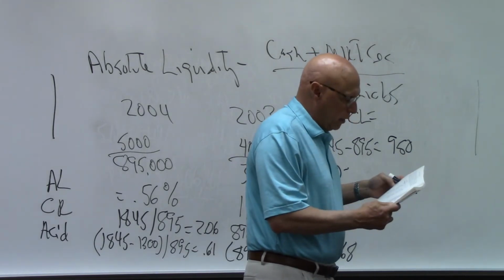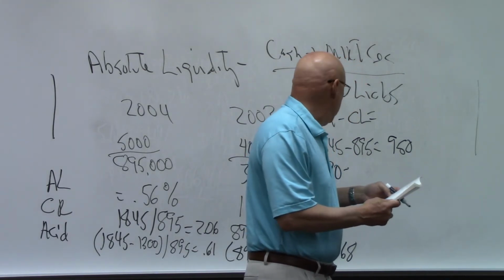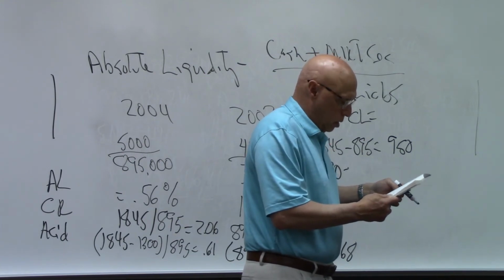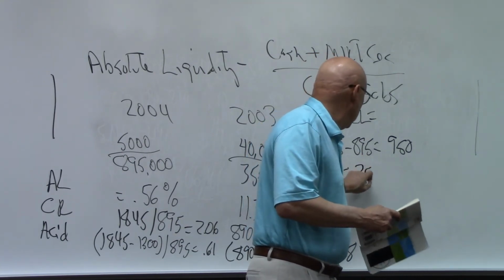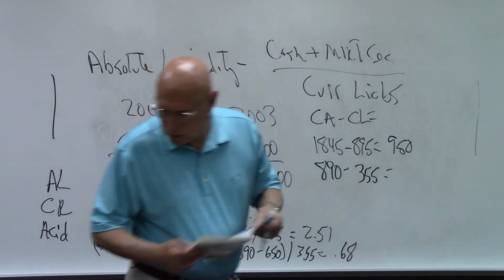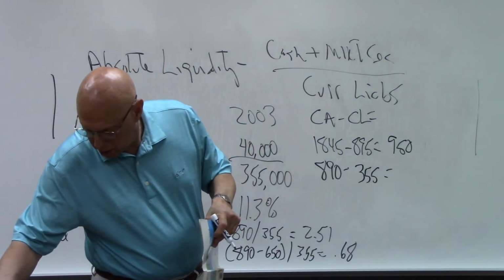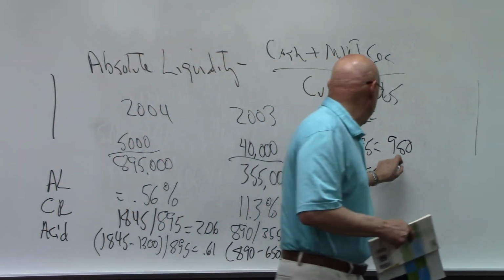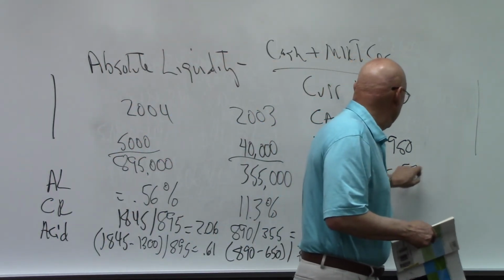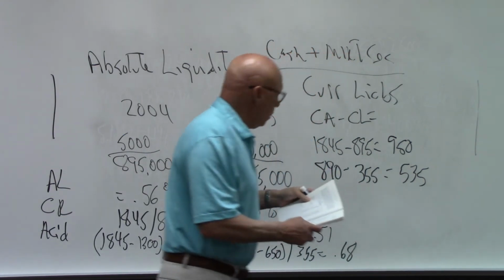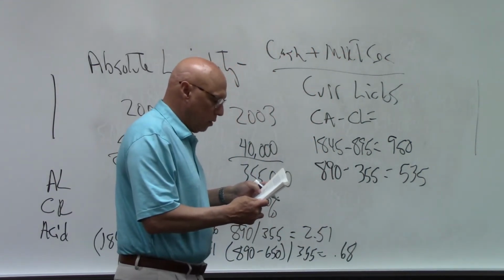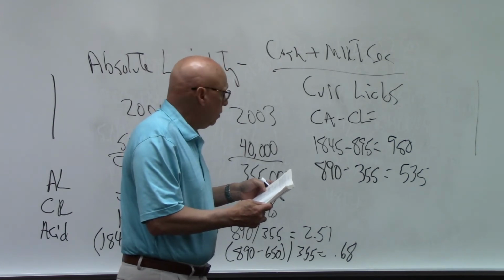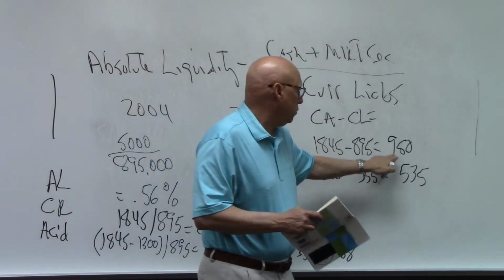Oh, and it's already calculated, NWC, net working capital, but that's okay. 890 minus 355 is 535. All right, so their actual working capital has risen.